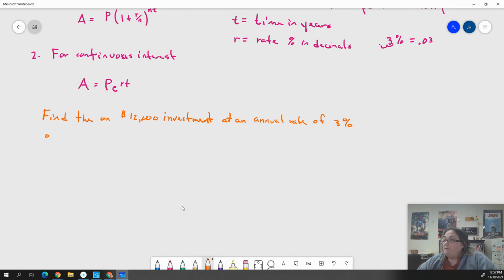Over a period of 5 years, when it is compounded A, quarterly. How many is quarterly? 4. Yeah, 4 times per year, right? B, monthly, so 12 times per year, right? And C, continuous.